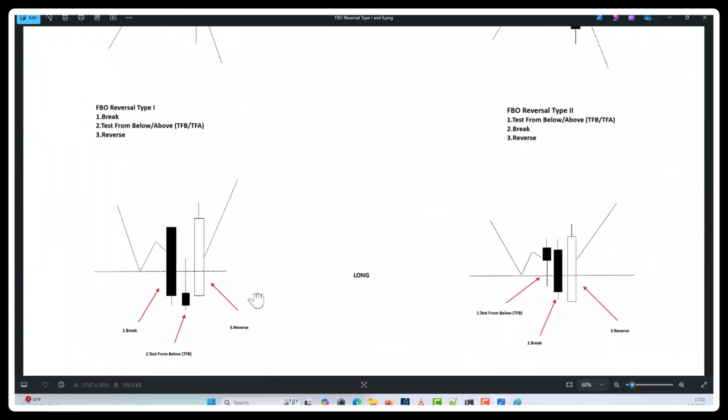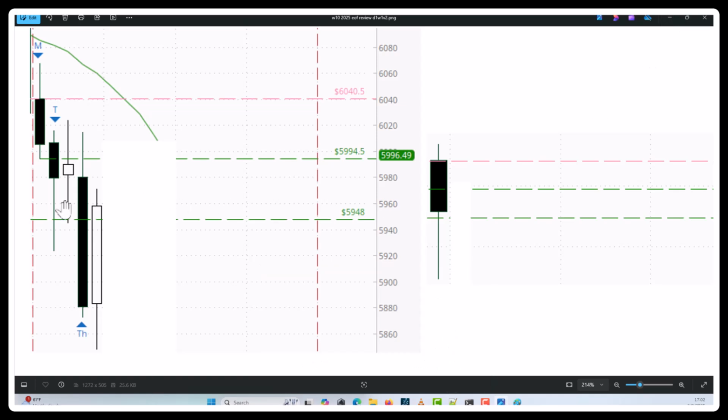However, look right here, the break still has a long wick. That means this break does not have enough sell-side liquidity. That's the reason why it has to be consolidation in order to make the low-leg down. You see that there is lots of retracement here.